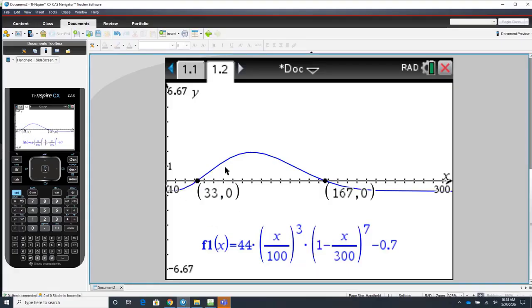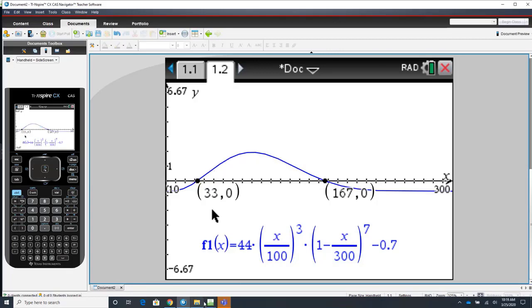Remember that the graph we have traced right here is that of q prime of t. Now, from 0 to 33, q prime of t is negative. From 33 to 167, q prime is positive. Therefore, 33 is a point of local minimum.